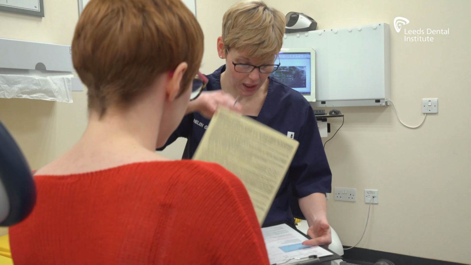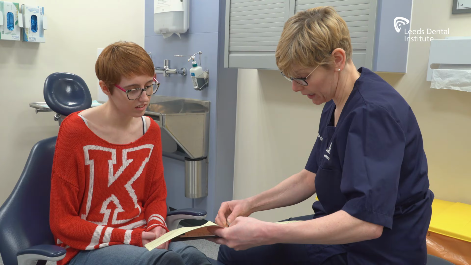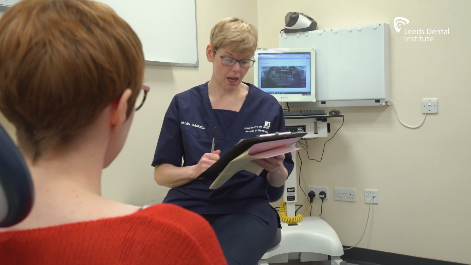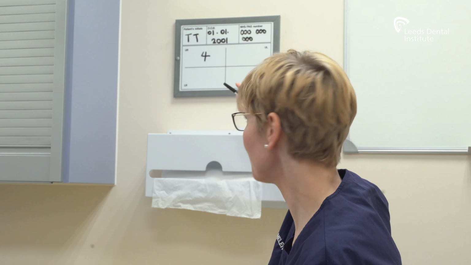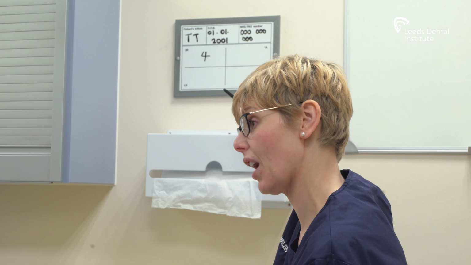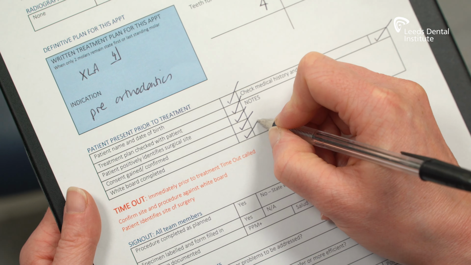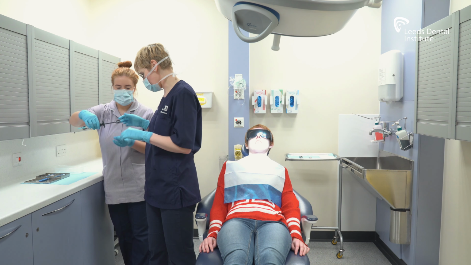In this case, it is confirmation of a previously completed consent form. The whiteboard is checked. And then just to check, it's Miss Testy Test. Date of birth is 1st of the 1st, 2001, and we're taking out the upper right 4th tooth. Yeah, that's correct. If all of the checks are in agreement, preparation for the treatment can proceed.